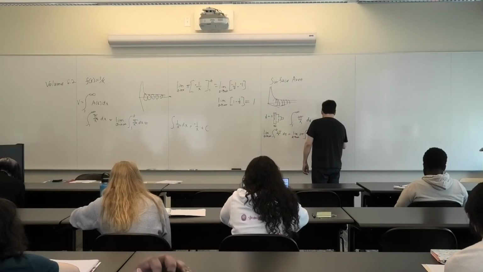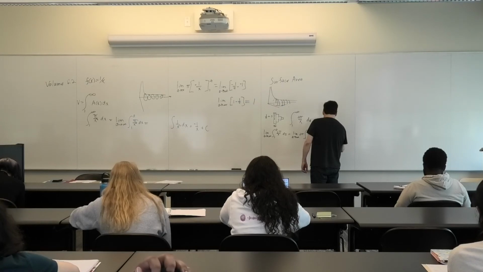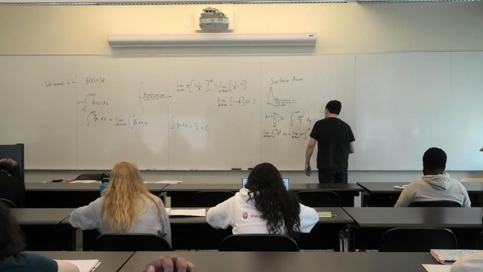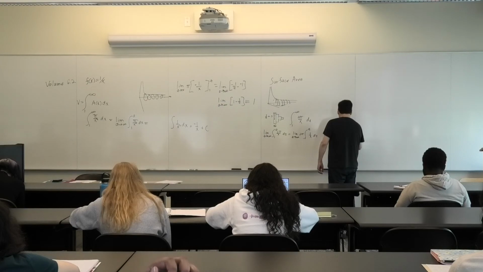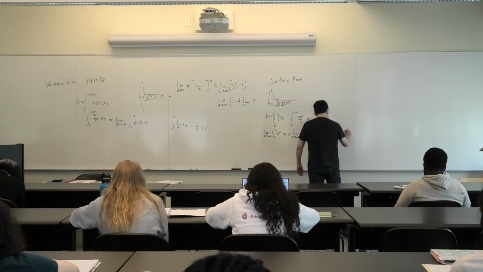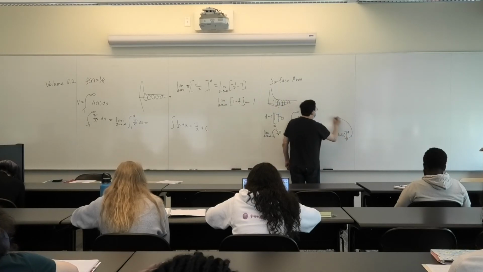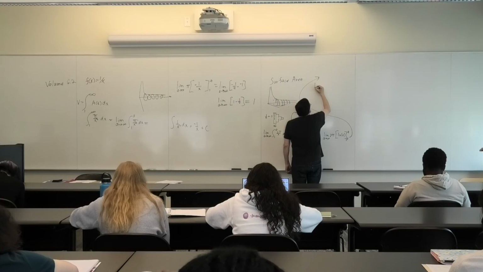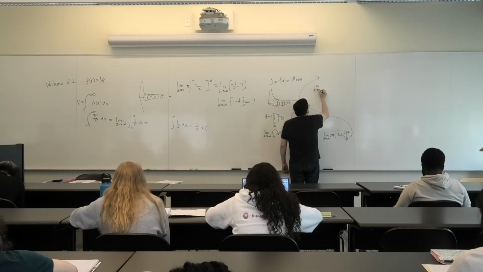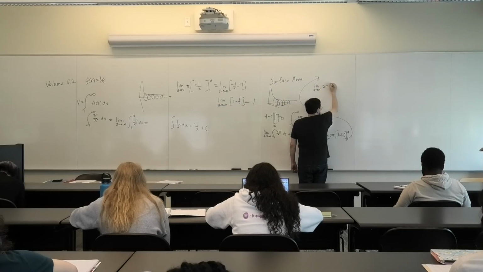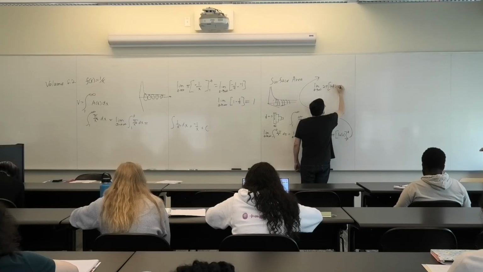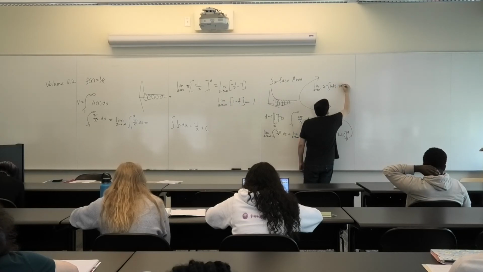So we have the limit as a approaches infinity, 2 pi times ln of x from 1 to a. So we get the ln of a minus the ln of 1.